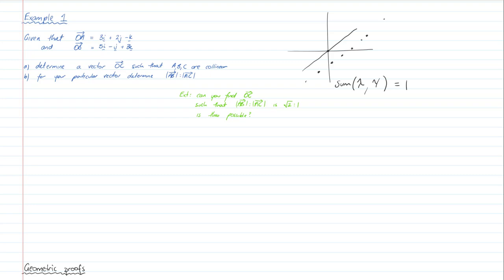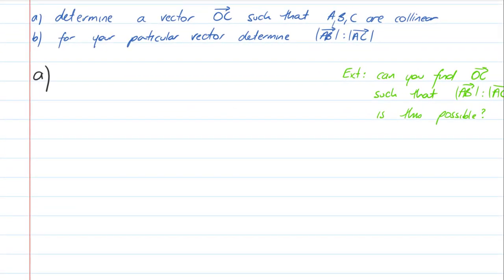I'm going to determine OC such that A, B and C are collinear by actually just choosing my lambda and gamma. And that will give me an answer. So I'll just zoom in on this. So remember, I've got OC will be equal to lambda OA plus gamma OB, and I need lambda and gamma to give 1, so let's make lambda equal 2 and gamma equal -1.